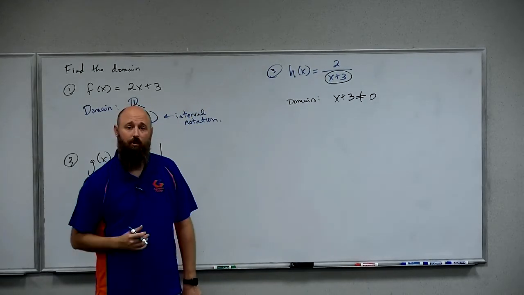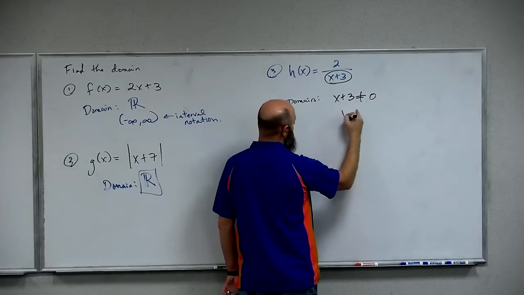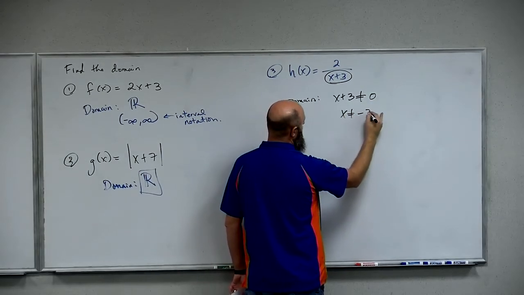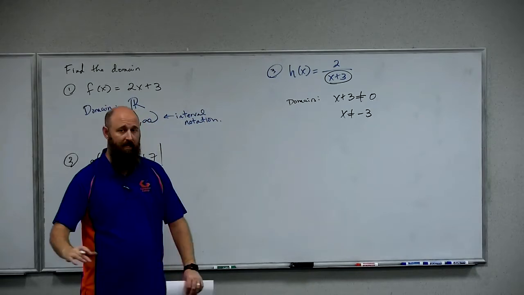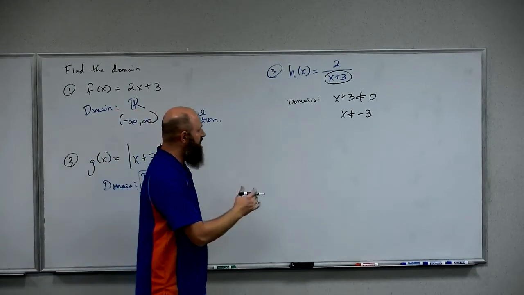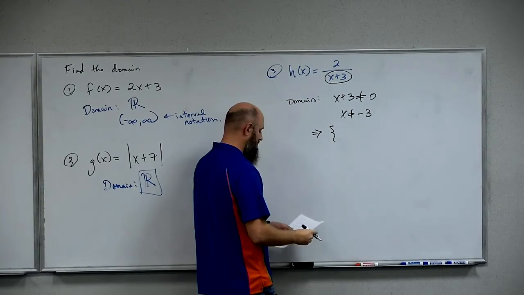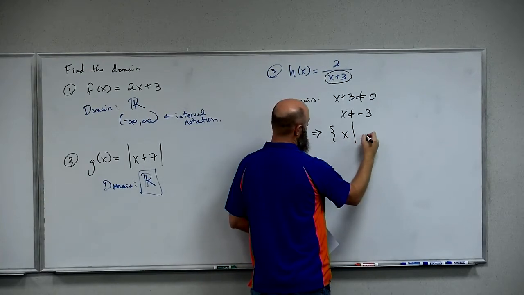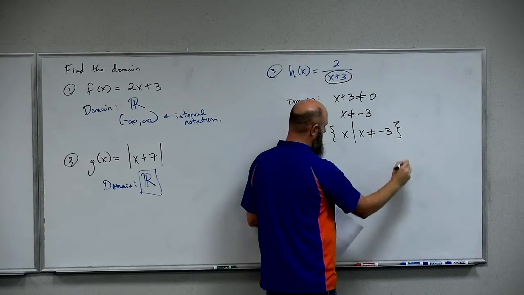So we're going to subtract 3 on both sides. That tells me x cannot be -3. Now it can be any other number but that. So I'm going to get x such that x cannot be -3.